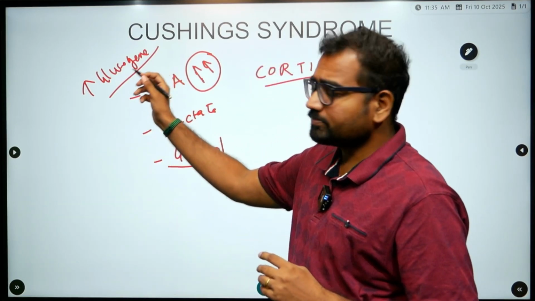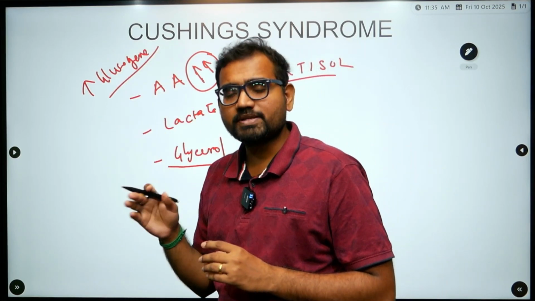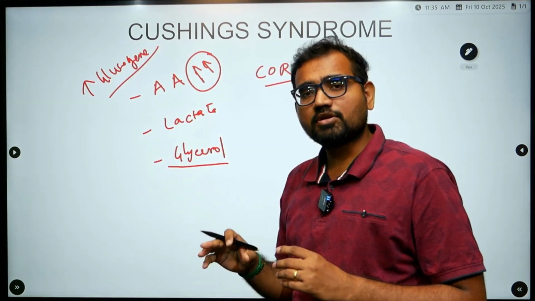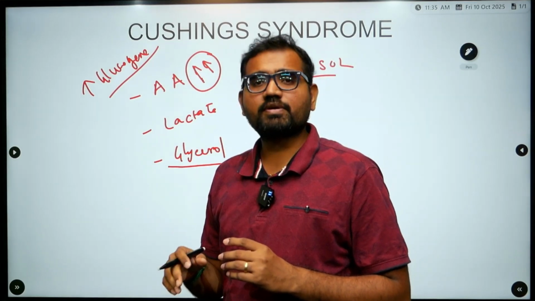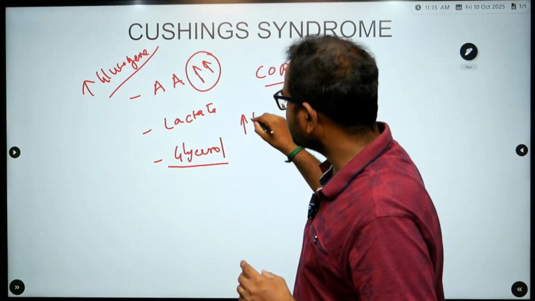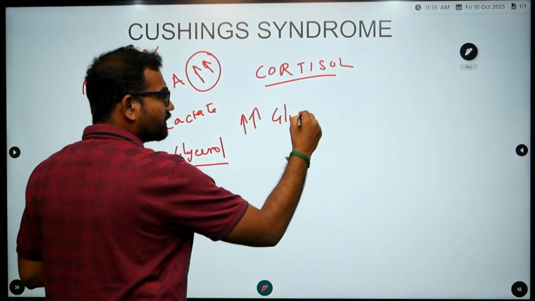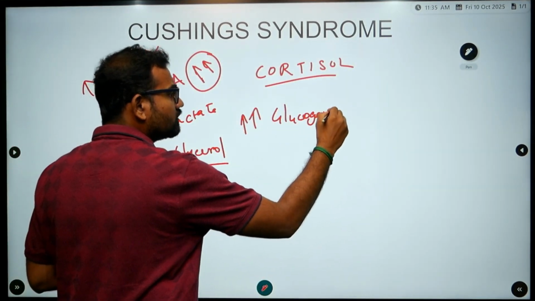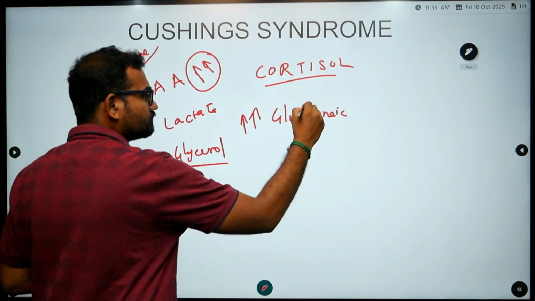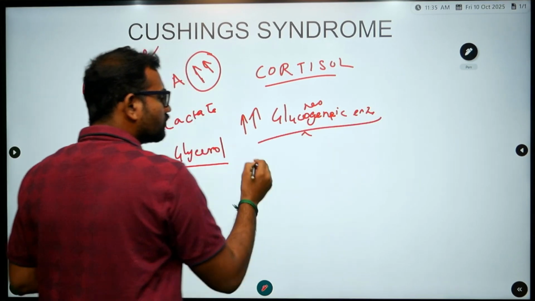So after cortisol breaks down the proteins and the fats, the amino acids and the glycerol are released into the bloodstream. They reach the liver, and in the liver cortisol increases the gluconeogenic enzymes. What are the gluconeogenic enzymes?